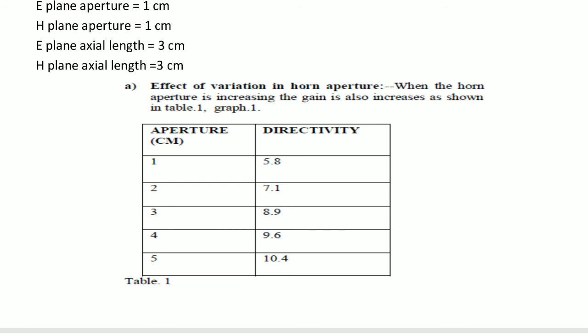There is also an increase in directivity. For 1 centimeter, the directivity of the horn antenna is 5.8. For the last one, 5 centimeter, the directivity is increased to 10.4.